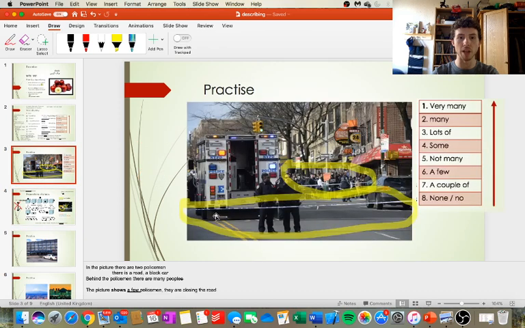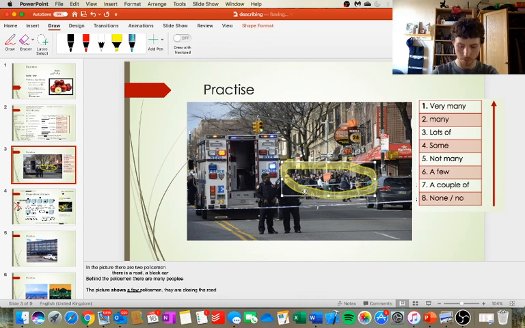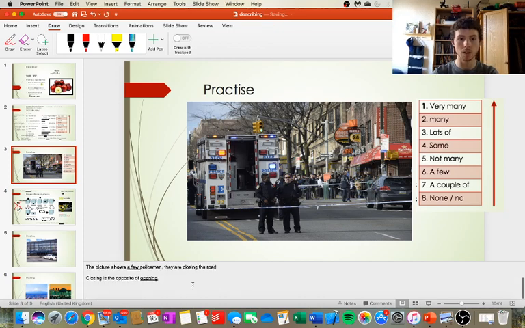So, Gabrielle, can you use a preposition here? Get rid of this. So, Wasim used behind. He said, behind the policeman, there are many people. Oh no, sorry. That was you, Gabrielle. Wasim, can you use a preposition?